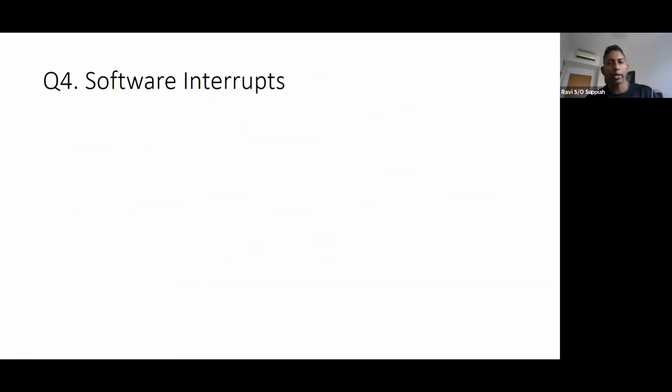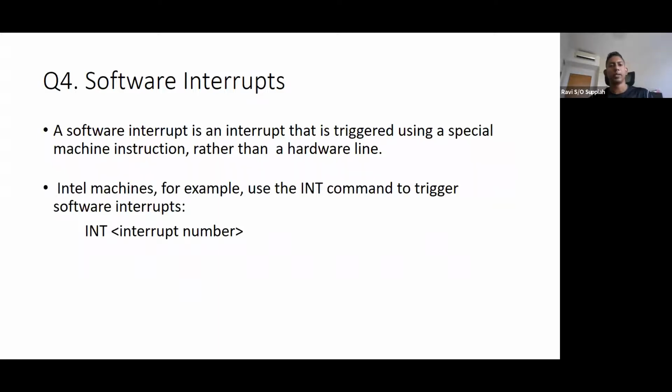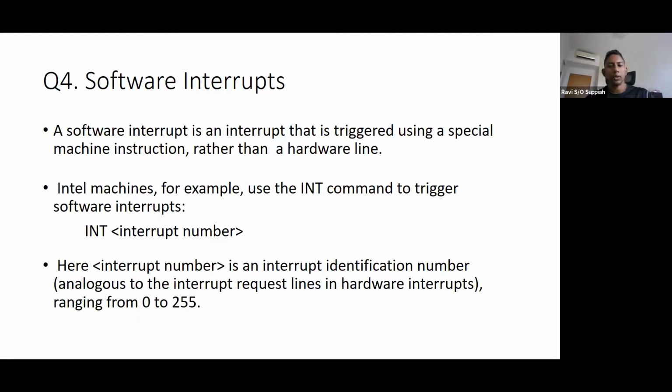How about software interrupts? Software interrupts are used when you want to get some attention through specific instructions that are in the system already. For example, in Intel machines, they have this thing called INT, interrupt number. This number specifies what you want to do.